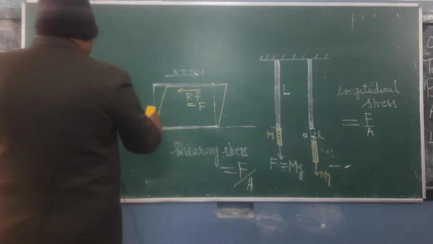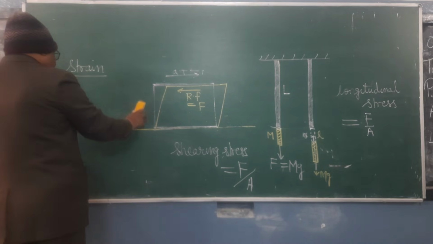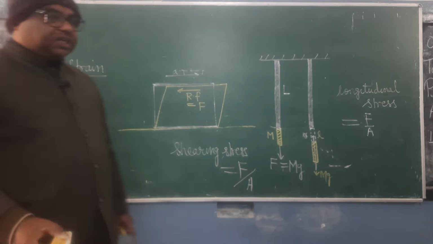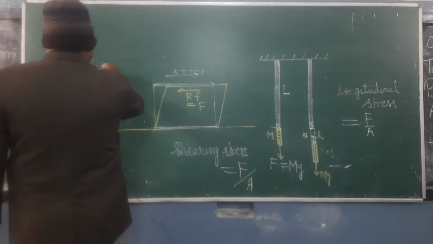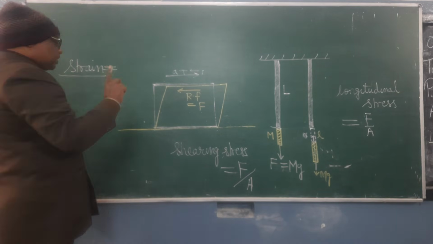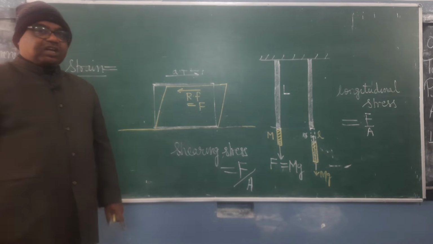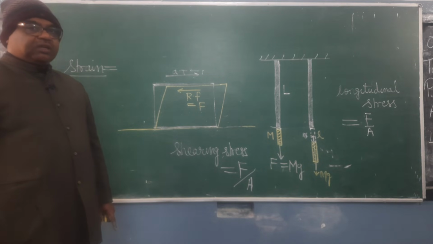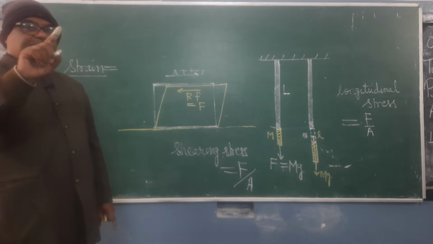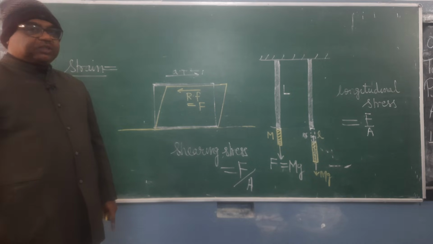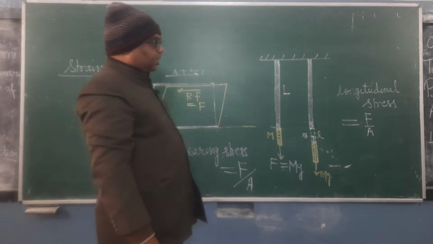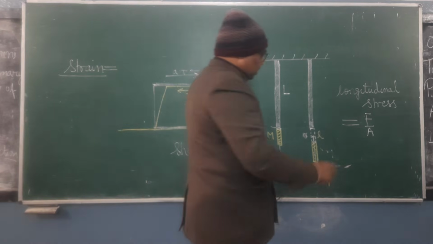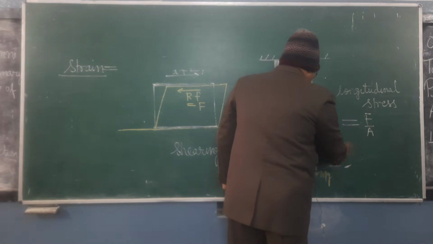Depending upon the type of deformation, there are three types of strain. Strain, I have already told, is the fractional change in the dimension of the body, means change in dimension upon the original dimension. One is longitudinal strain.